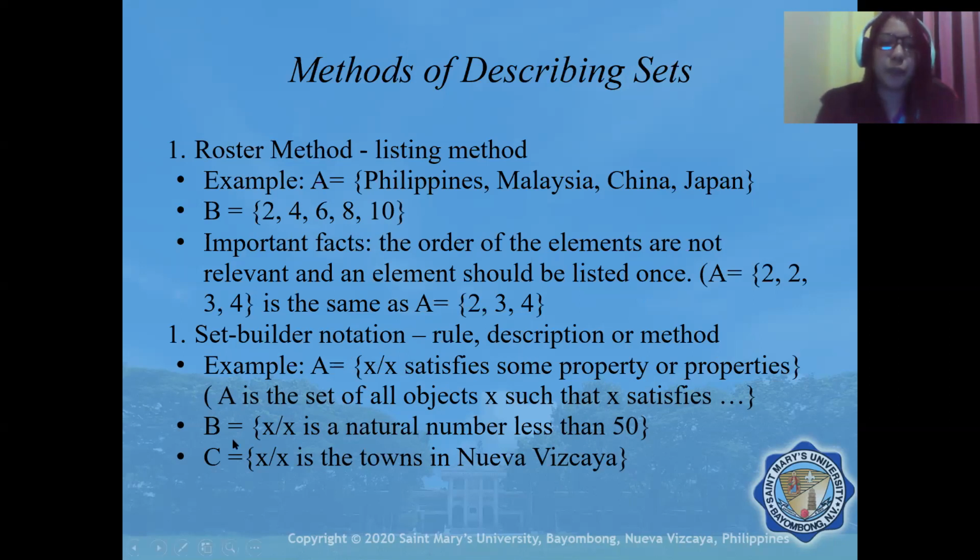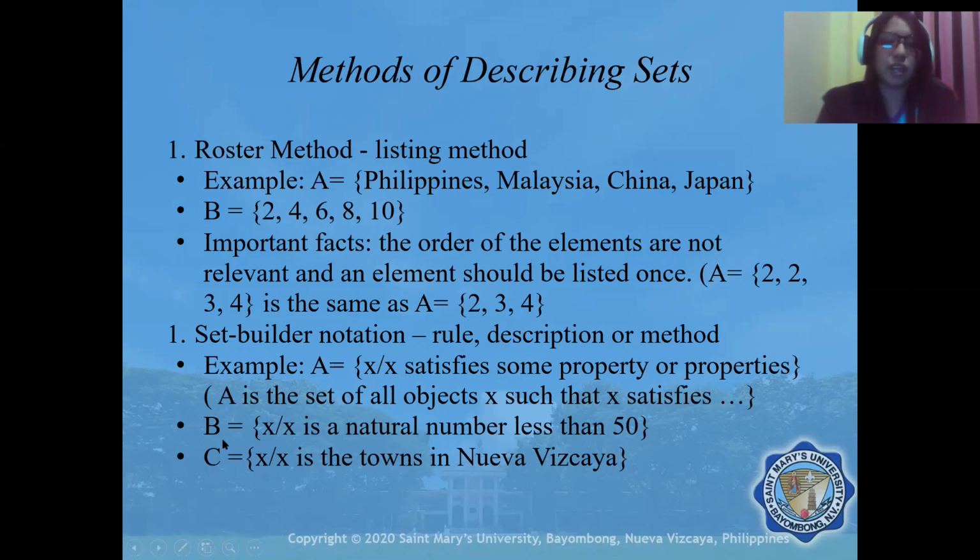If we present it this way, this means that set A is the set of all objects x such that x satisfies some property.